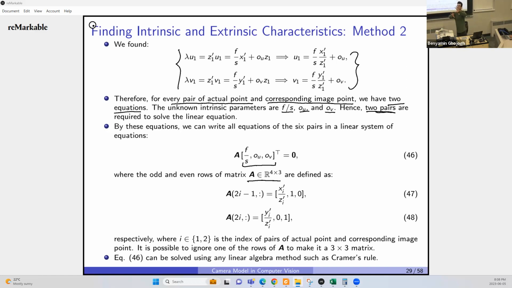You solve two systems of linear equations, you average their solutions. So this is also used a lot in camera models. When you have more equations, feel free to use all of them. At the end, you take the average of the solutions. It's also good. Why? Because it makes you robust to noise of the camera. So you solve it using any method such as Cramer's rule.